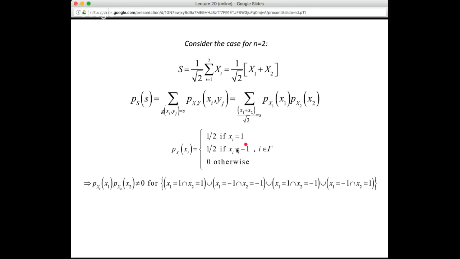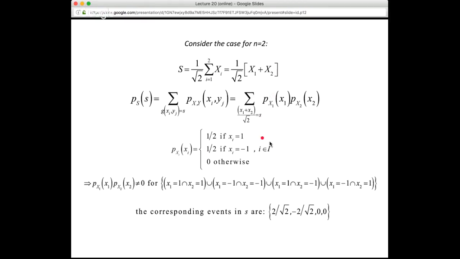We could definitely have a situation like that. In that case, obviously, p_X1 would be 1/2 and p_X2 would be 1/2. Or we could have the case where x1 is equal to -1 and x2 equal to 1. So these are all the different combinations of events for x1 and x2 that will give a non-zero value of this product. In other words, these are the components that we're summing over here.